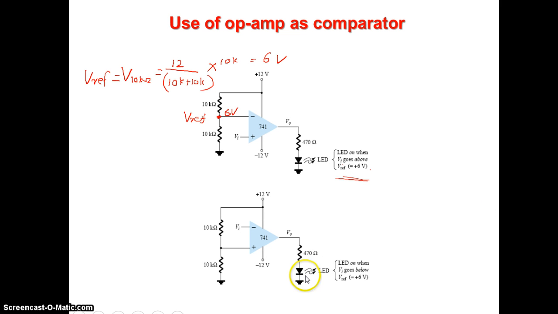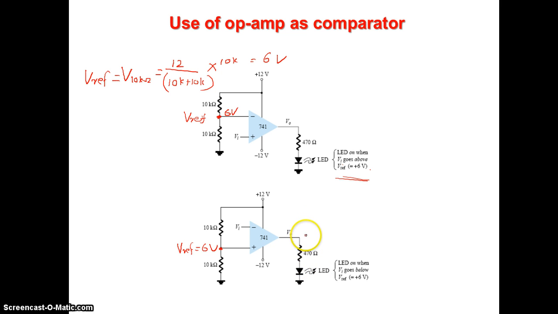See, here it is just opposite. You are connecting the reference voltage to the plus terminal. So this is the reference voltage, the same equation, same way. So 6 volt will come at this point. If the inverting terminal voltage is lower than 6 volt, because it is the non-inverting, the LED will be on, because the LED positive is coming here.